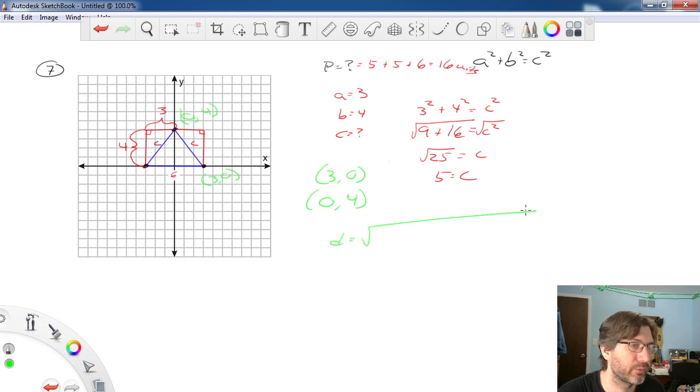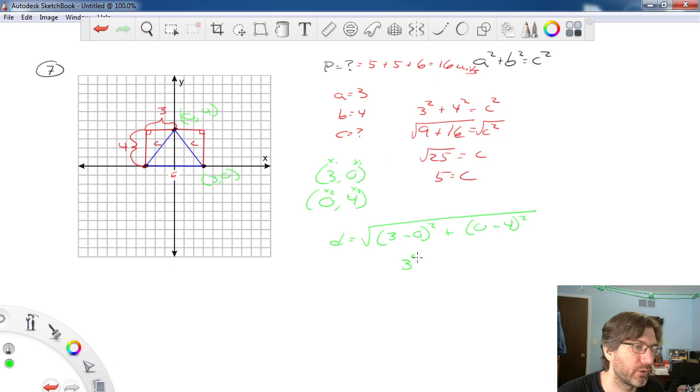Distance equals the square root of x1, y1, x2, y2. x1 is 3 minus 0 squared plus 0 minus 4 squared. And here you'll note you get your 3 squared and 4 squared coming out here.